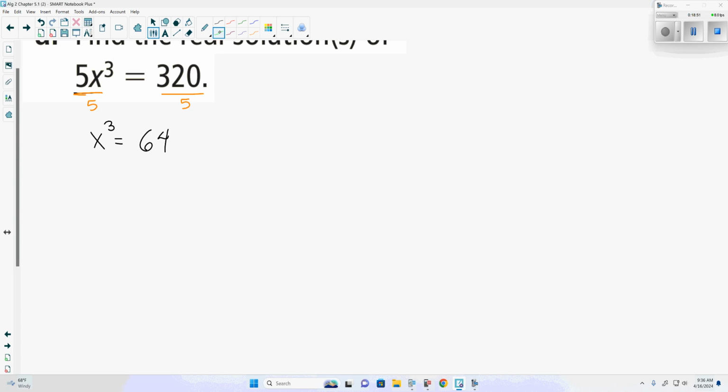The term with the power exponent is by itself, so we'll take the nth root of both sides. And our nth root is 3. And since we're taking an odd root of both sides, we only have one solution. Odd roots are nice. Even ones get a little odd.